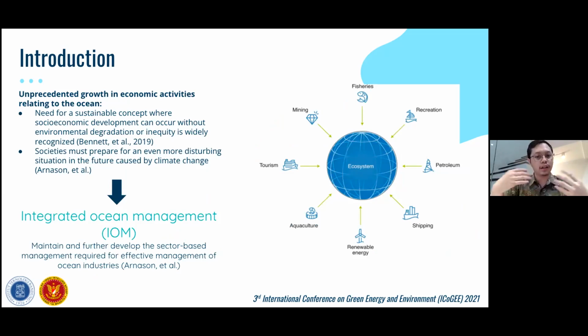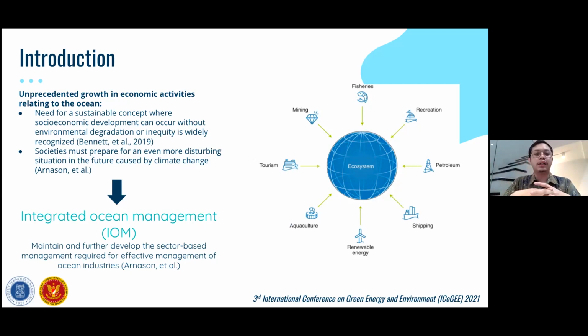And then we know that there is unprecedented growth in economic activities relating to the ocean, currently in 2020. There is a need for a sustainability concept, where socio-economic development can occur without environmental degradation or inequality, which is widely recognized. This is from Bennett et al. 2019.